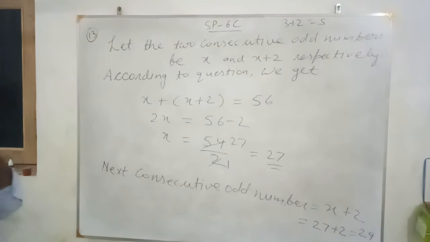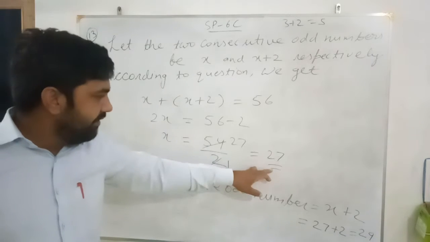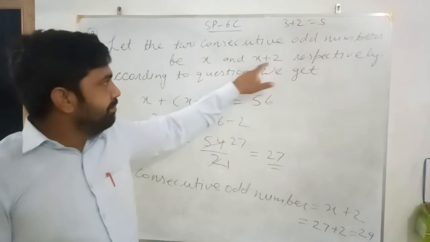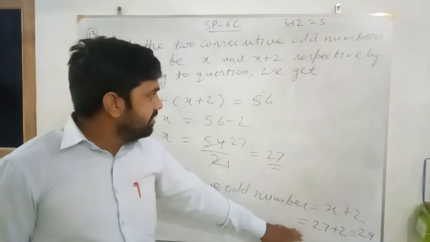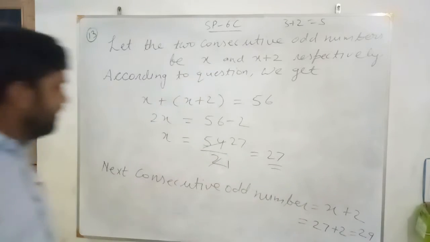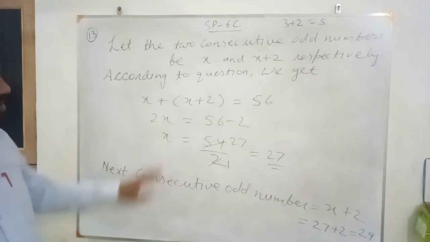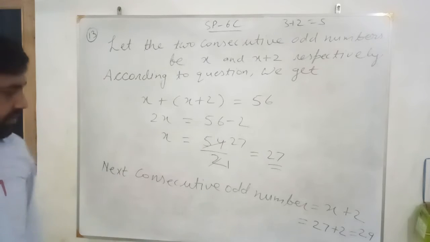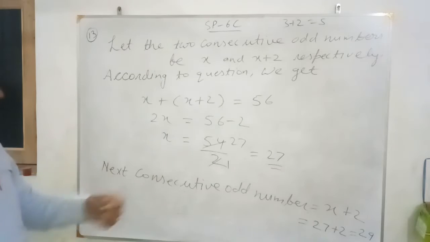So the first odd number we got is 27 and the next consecutive odd number is x plus 2. We have substituted the value of x here. 27 plus 2 is 29. So the answer is the two consecutive odd numbers are 27 and 29, which we have got.